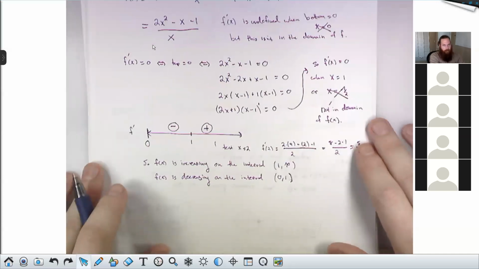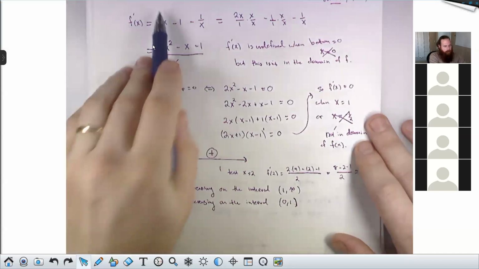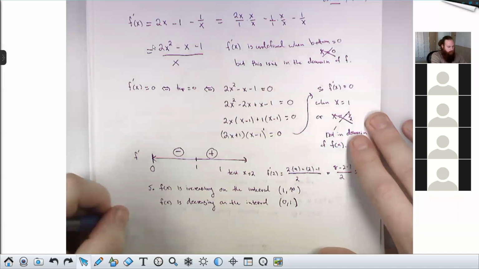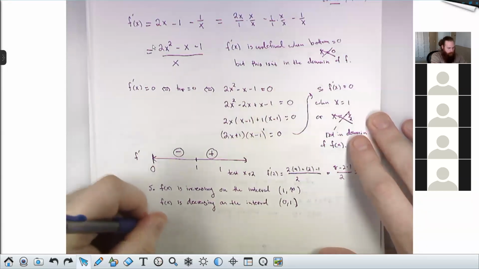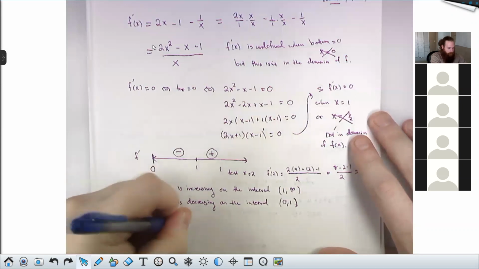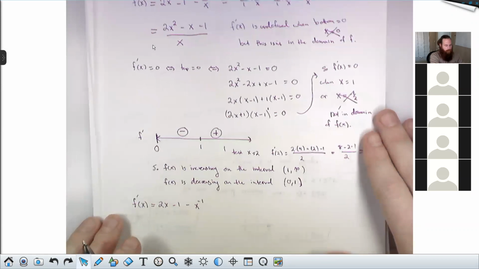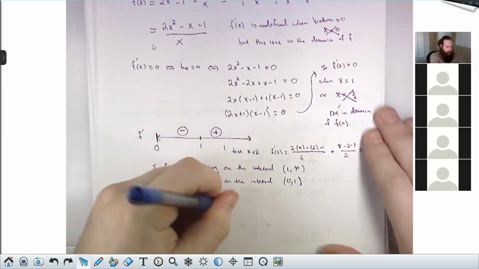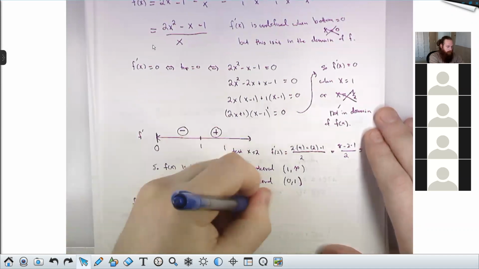To find concave up, concave down, I need to take the second derivative. I think the easiest form to do that in would be here. So I'll rewrite f prime. It's 2x minus 1 minus x to the -1. So f double prime is the derivative of that.